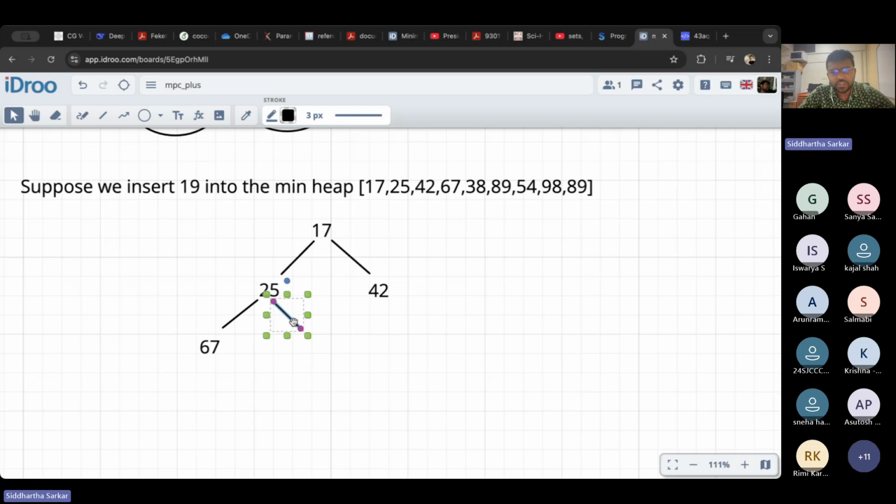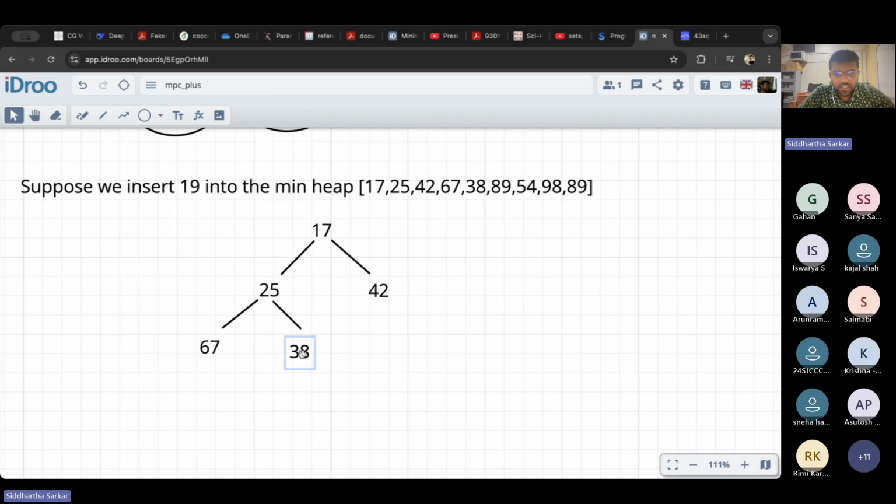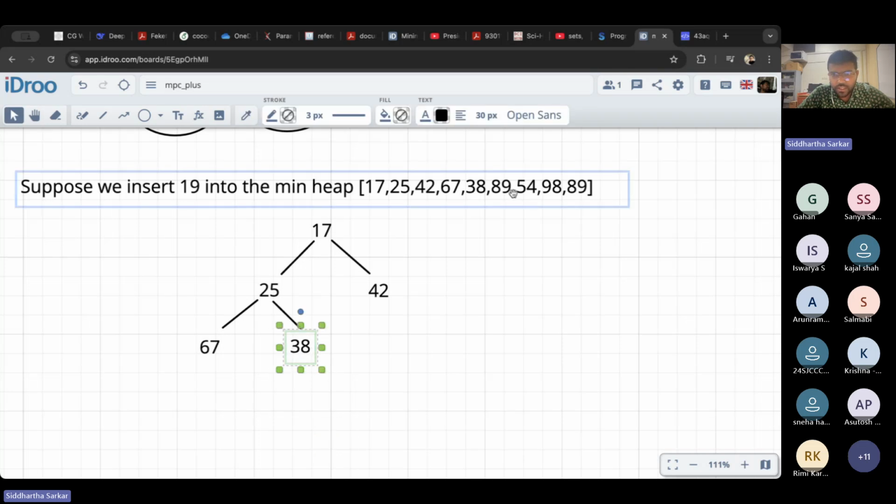That is how the convention is, that is how it is there in the lectures. You can do it in your own way, I think. It need not be hard and fast. So now 67, 38 followed by 89 and 54.